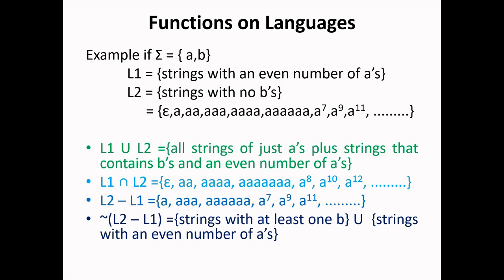On applying the first function, that is union, on these two languages, L1 union L2, we get all possible strings with an even number of a's and all strings with a's plus strings that contain b's.